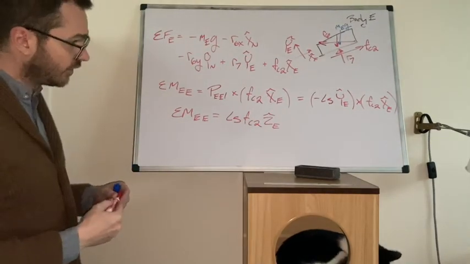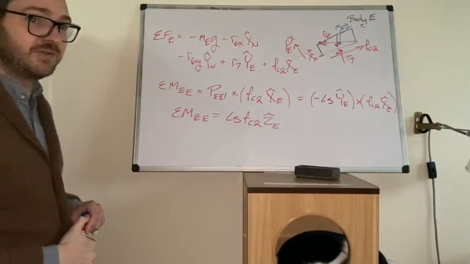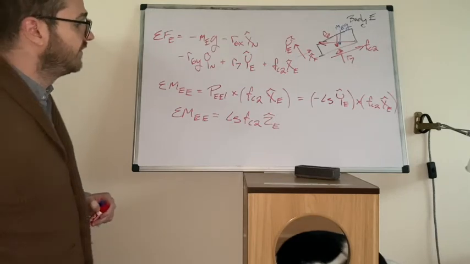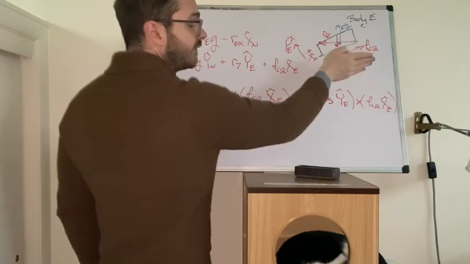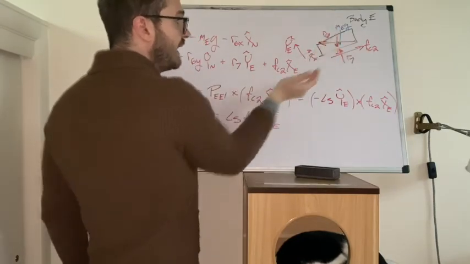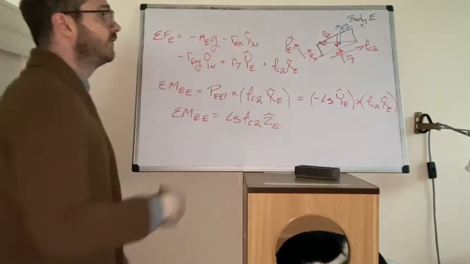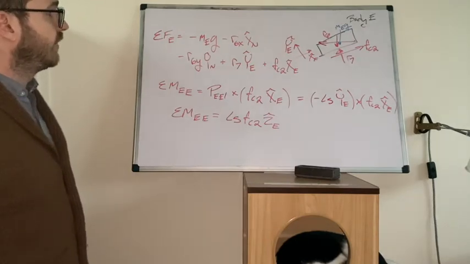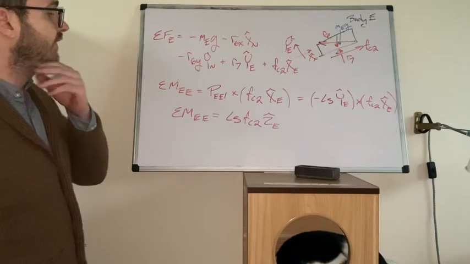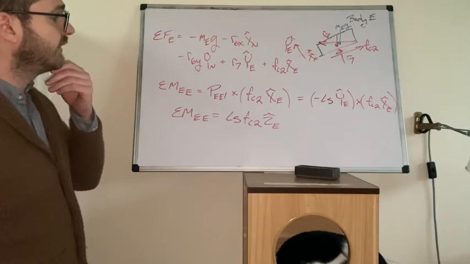Which again, go back and look at the diagram, ask yourself, does that make sense? That these are going to create a positive moment. Here on the diagram, there's the friction force that's acting along the bottom. That would make the block want to rotate in a positive direction. Okay, good. So this was sum of forces and moments for all of the bodies.